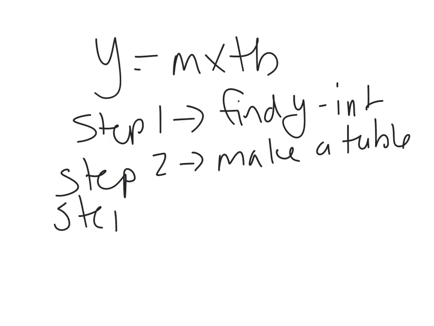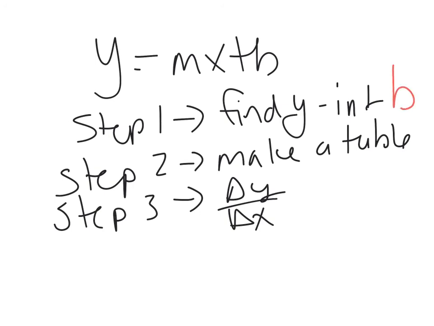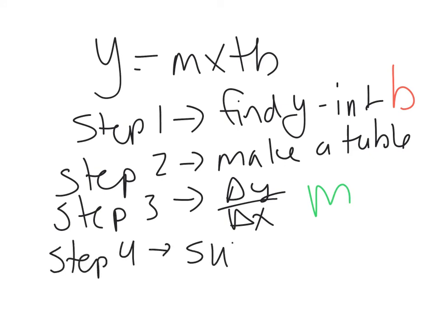Step 3, change in y over change in x. So again, this gives me my b. This gives me my m. And then step 4, substitute into y equals mx plus b.